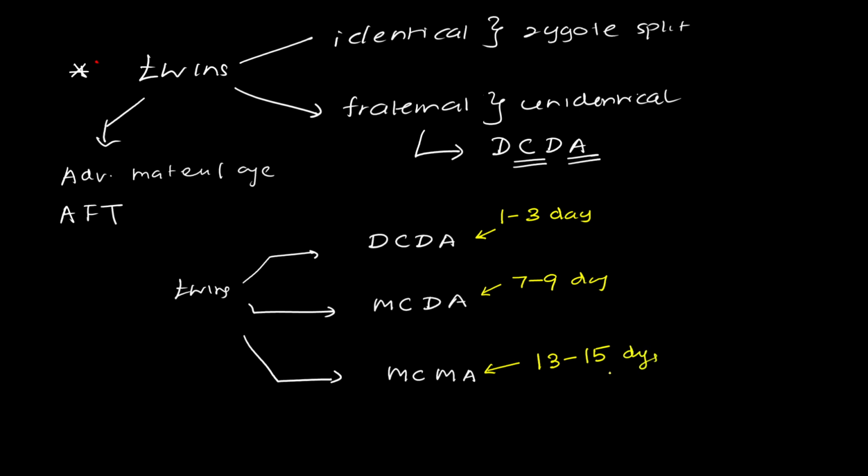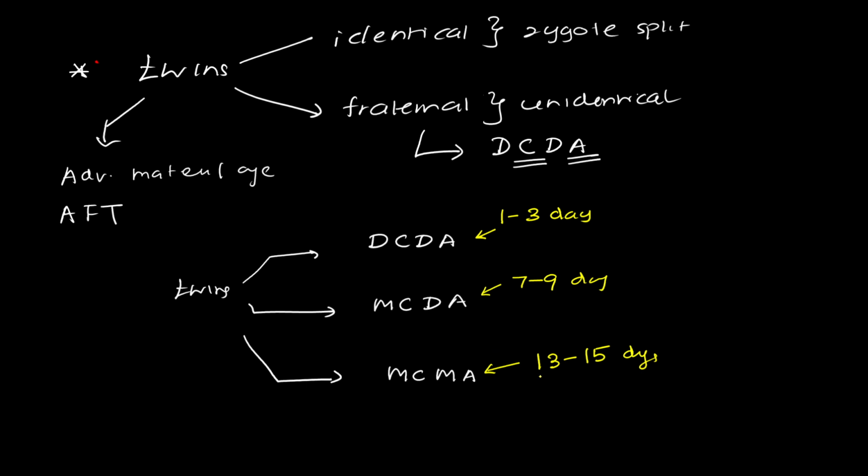So later, once it becomes late, there is a possibility that you would see a monochorionic monoamniotic twin happening, right? Complication wise, as I said, dichorionic is much better, as the number of placentas is more, and if they start to share the amniotic cavity, the complications are going to be a bit higher and greater as well.